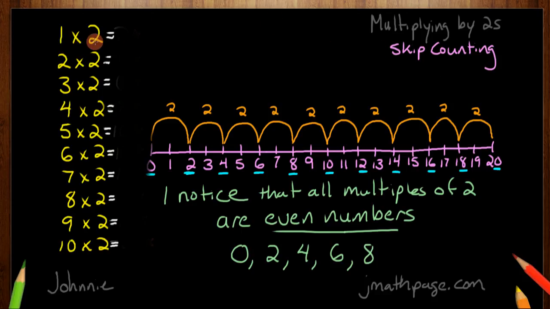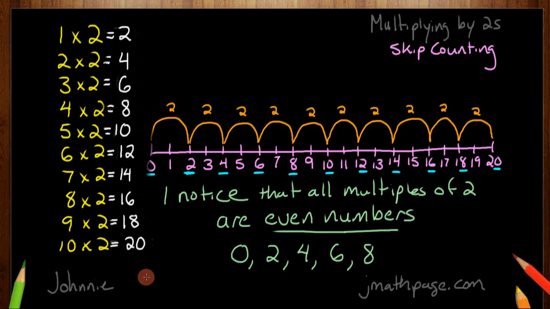So 1 times 2 is 2. 2 times 2 is 4. 3 times 2 is 6. 4 times 2 equals 8. 5 times 2 equals 10. 6 times 2 equals 12. 7 times 2 equals 14. 8 times 2 equals 16. 9 times 2 equals 18. And 10 times 2 equals 20.